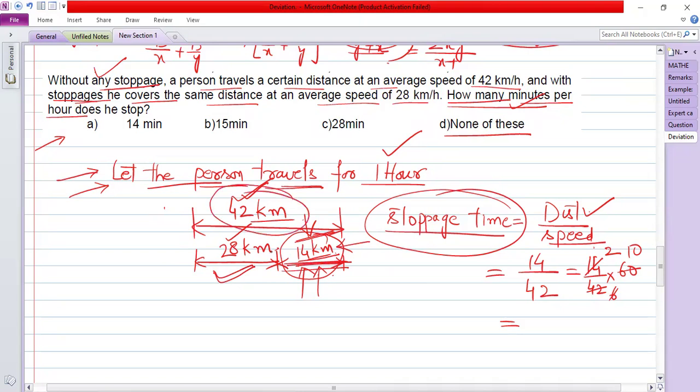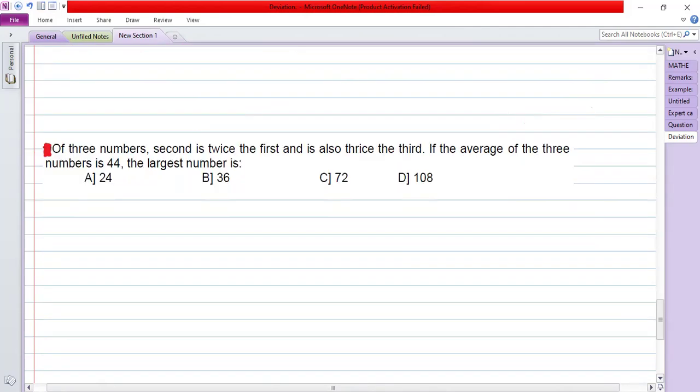With speed 42 kilometer per hour. Means the remaining time is 14 divided by 42, the distance remaining, which would be covered with 42 speed without any stoppage. So that will give us 20 minutes. So the stoppage time is 20 minutes, means none of these options is correct.